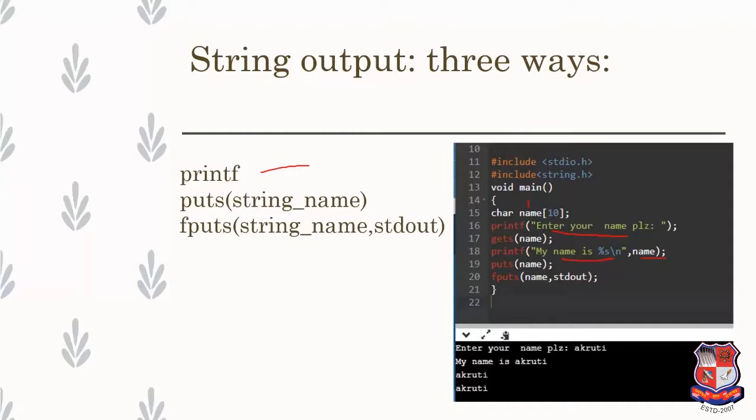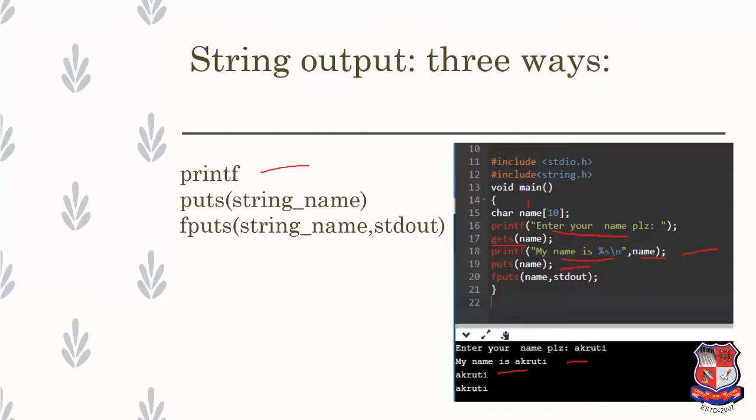Suppose I have taken the input from gets. My string is taken as input from the gets function. I can take scanf here also. And if I simply write puts(name), then also it will give me the output, that is AKRUTI here. The first output, my name is AKRUTI, is from the printf function. Second one, puts(name), is from my puts function, this AKRUTI.